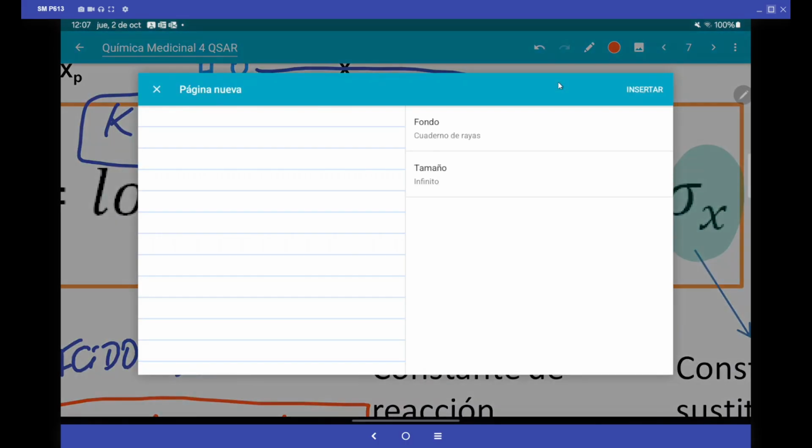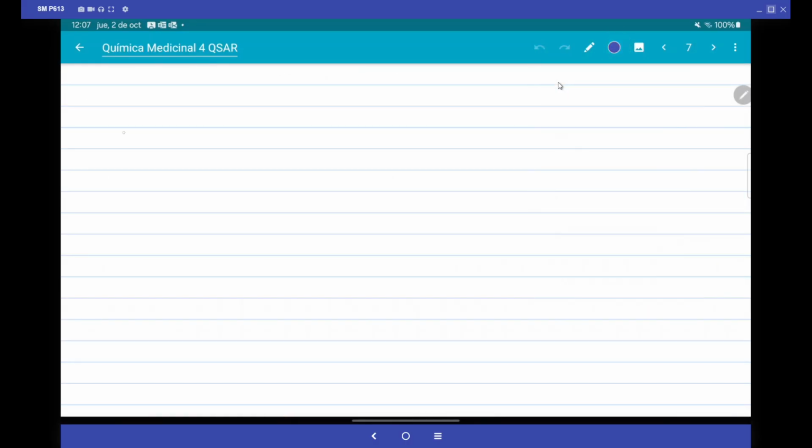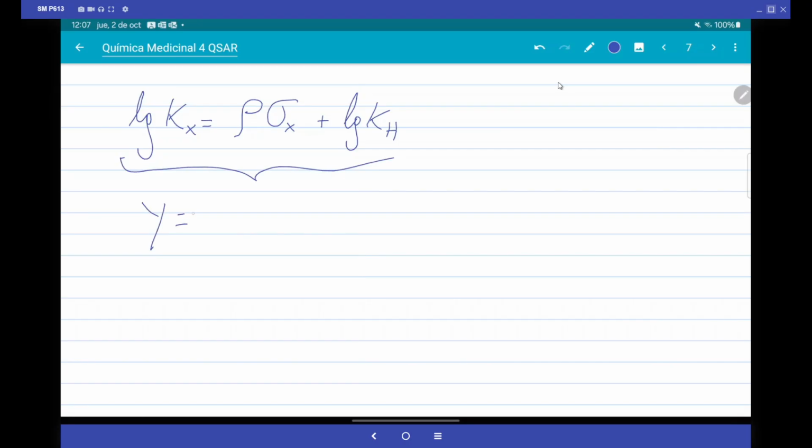Look at what happens. Let's say log Kx equals rho sigma plus log KH. This is an equation of the type y equals mx plus b, so one can graph this type of equation, and the slope would be exactly rho, this x is sigma, very well.